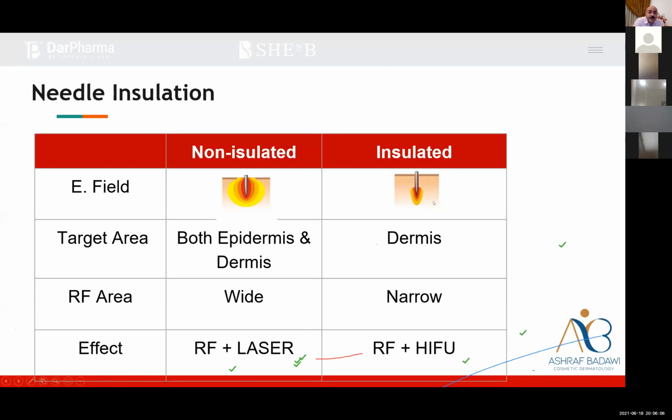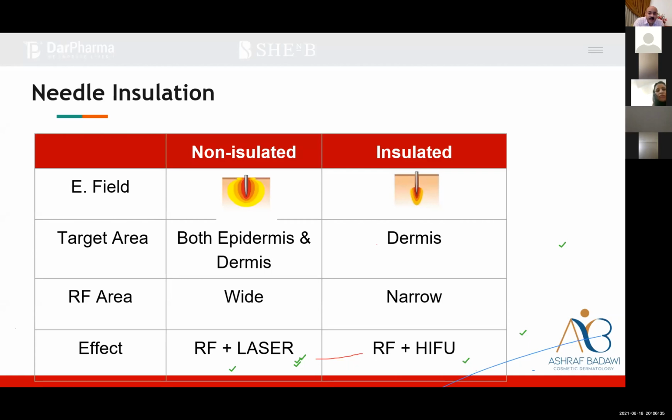Now, the companies which were producing insulated needles were claiming that this is safer because the epidermis is not affected, so we are not going to have any epidermal injury, and this is going to be safer. The non-insulated needle guys were saying it doesn't make a big difference because the heat generation is going to be very much dependent on the water content, and the water content of the epidermis is 7 times less than the water content of the dermis.